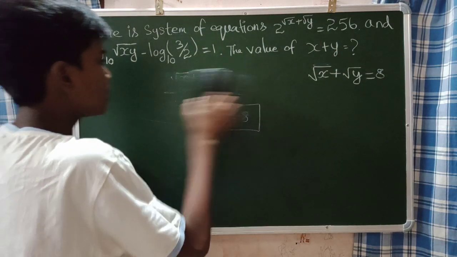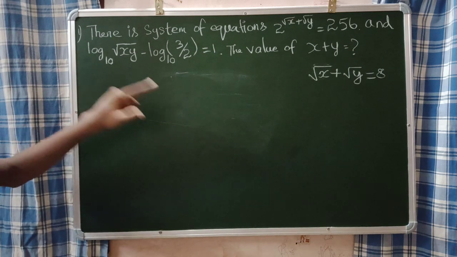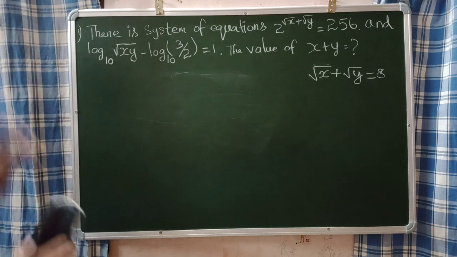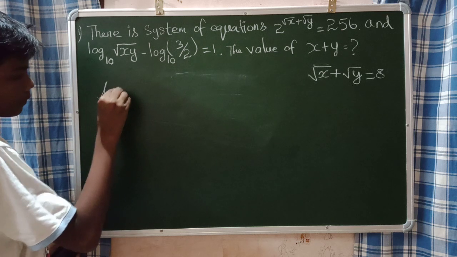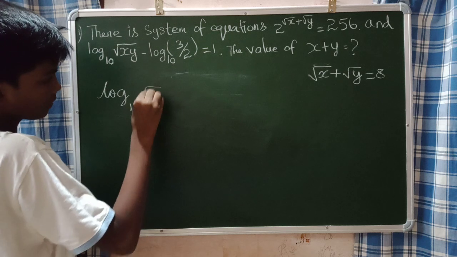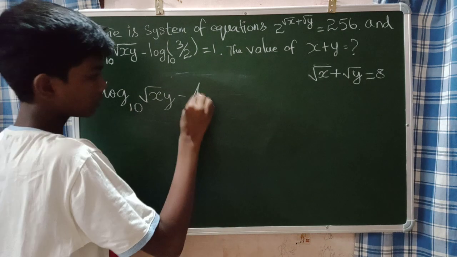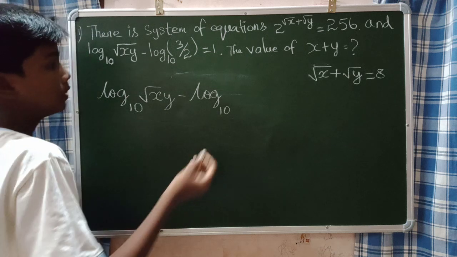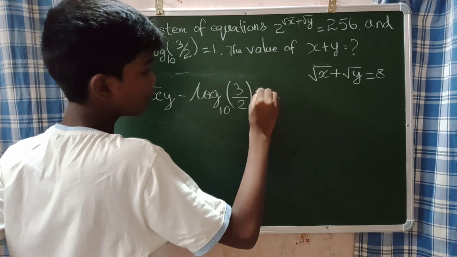Now, guys, in the question they have given log to the base 10 of root xy minus log to the base 10 of 3 by 2 is equal to 1. See carefully, so it is log to the base 10 of root xy minus log to the base 10 of 3 by 2 is equal to 1.